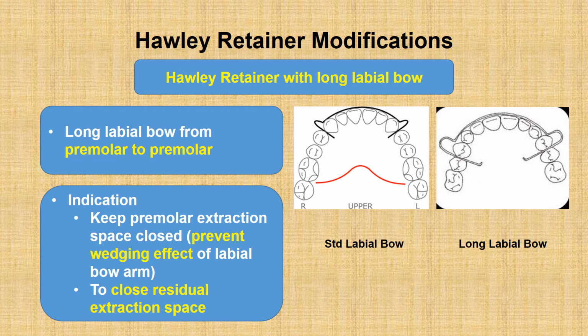If a premolar extraction was done, the arm of the short labial bow will pass over the extraction space, and from the wedging effect of the arm, the premolar extraction space can reopen.